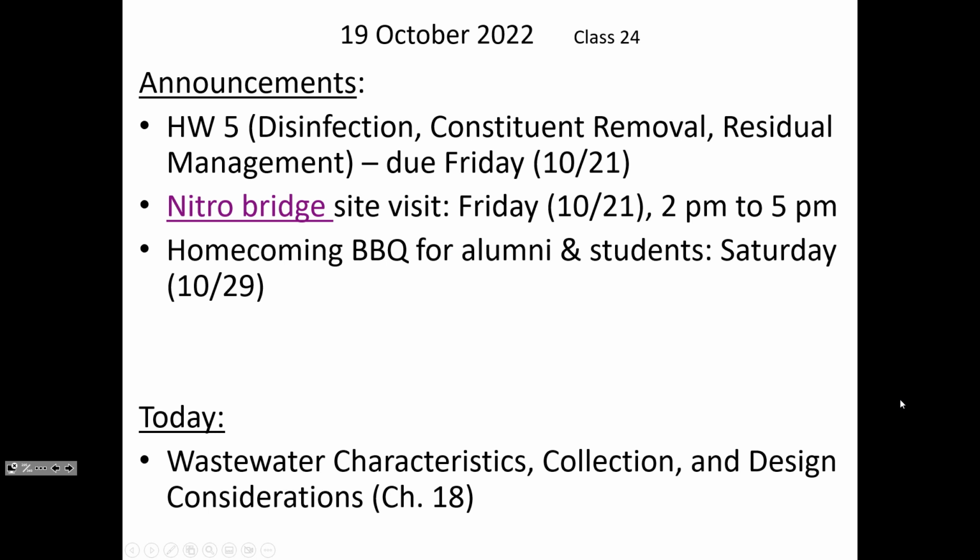And of course, chemical handling and demand estimation, there's a lot of overlap. But there are some obviously unique aspects of wastewater treatment. And so in Chapter 18, the text dives into the characteristics of wastewater, a little bit about the impacts of how we collect it, and then some general design considerations.